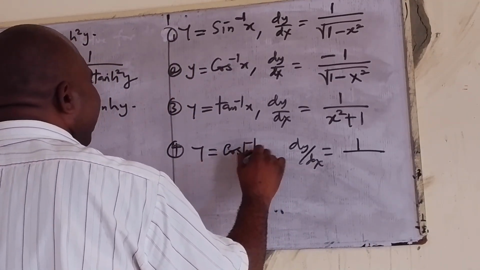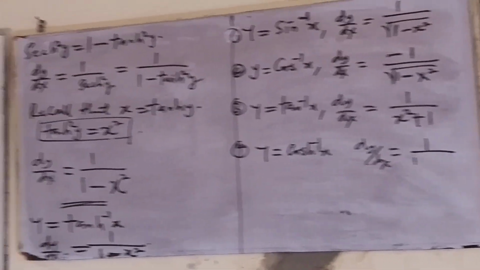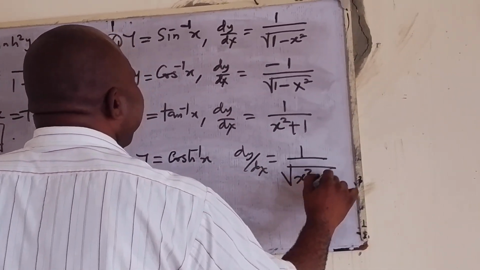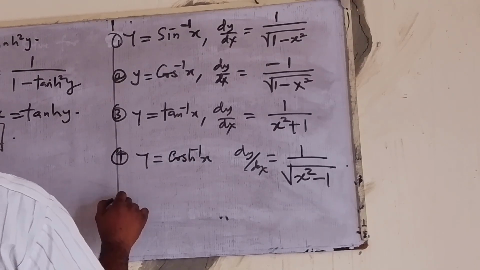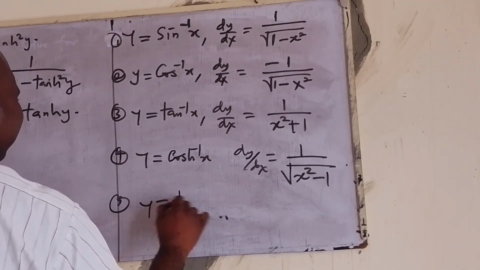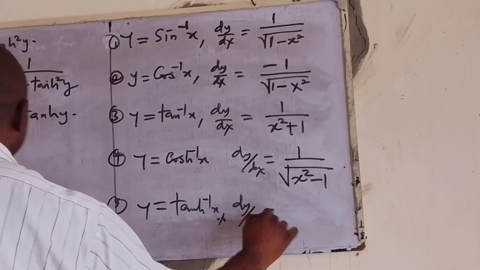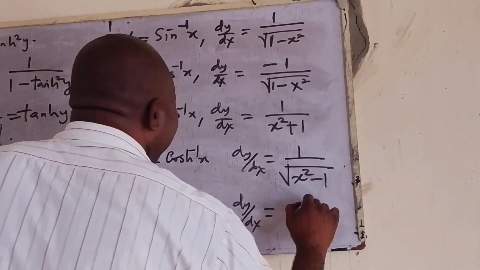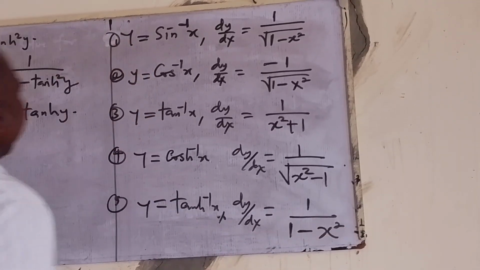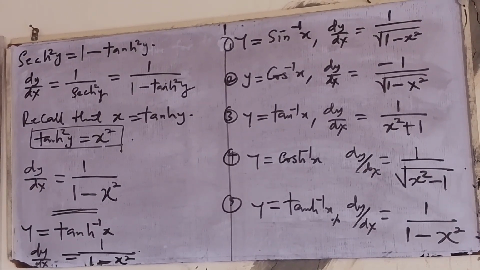For cos h inverse of x, dy over dx will be 1 all over the square root of x squared minus 1. Then number 5, if y is equal to tan h inverse of x, we have 1 all over 1 minus x squared. So these are all the derivatives that we have derived.